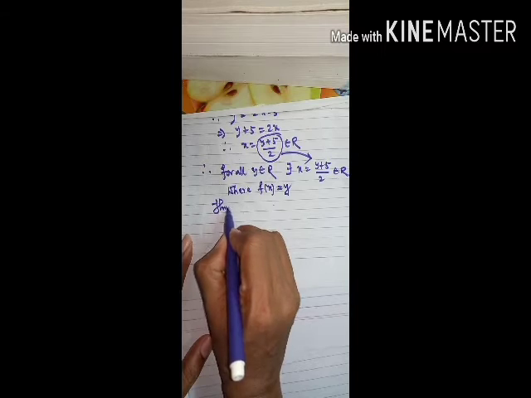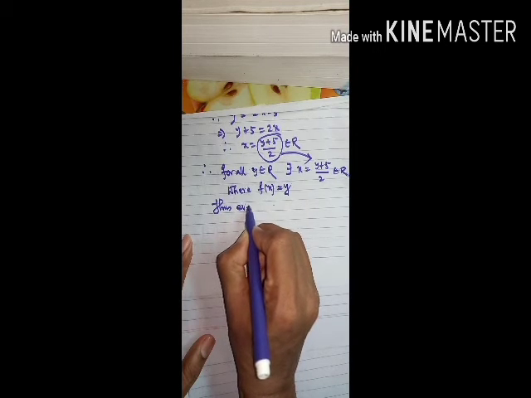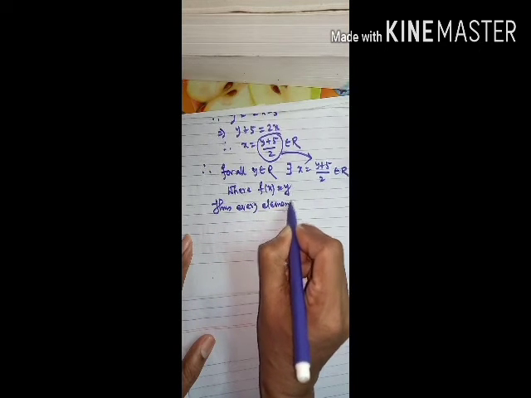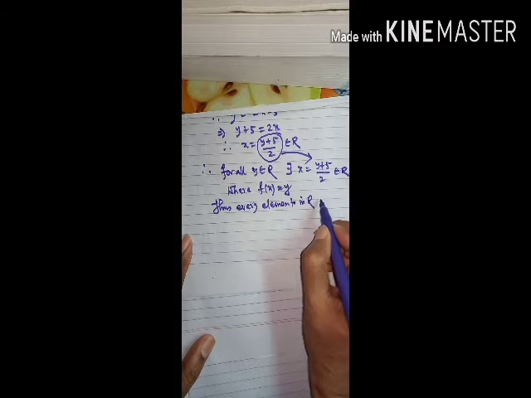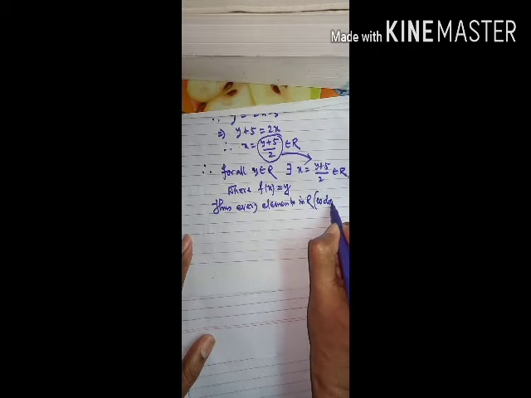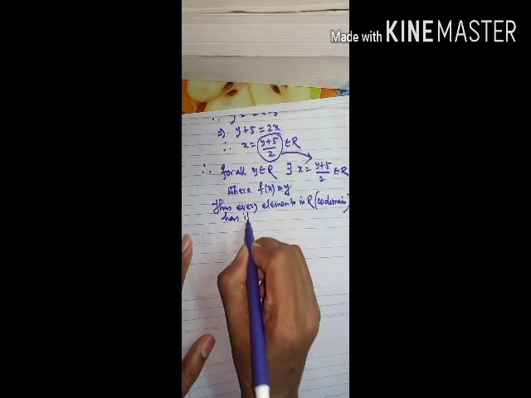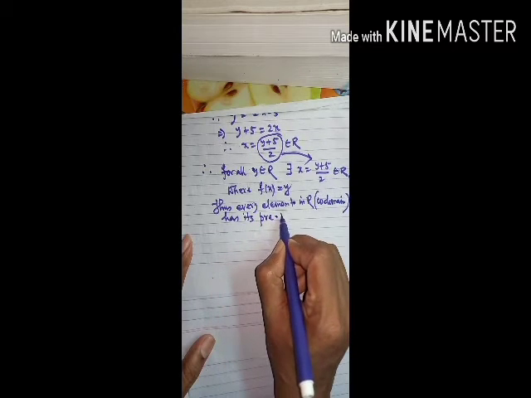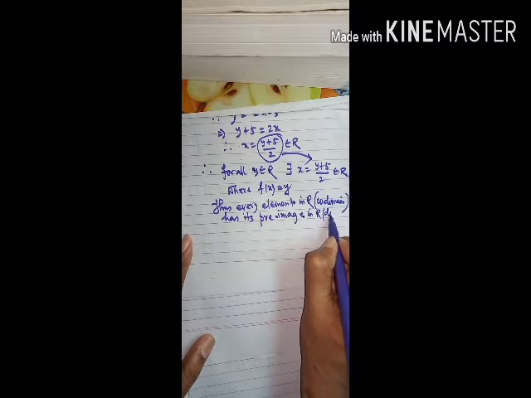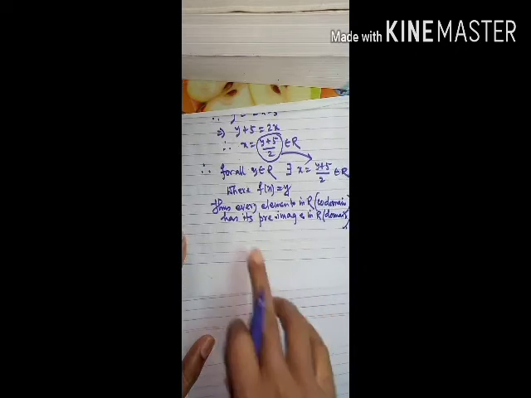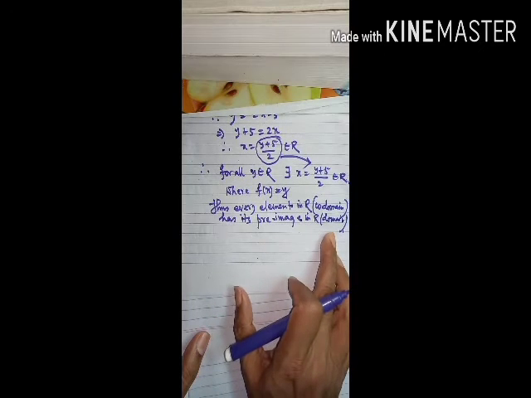Thus every element in R, that is codomain, has its pre-image in R, domain.